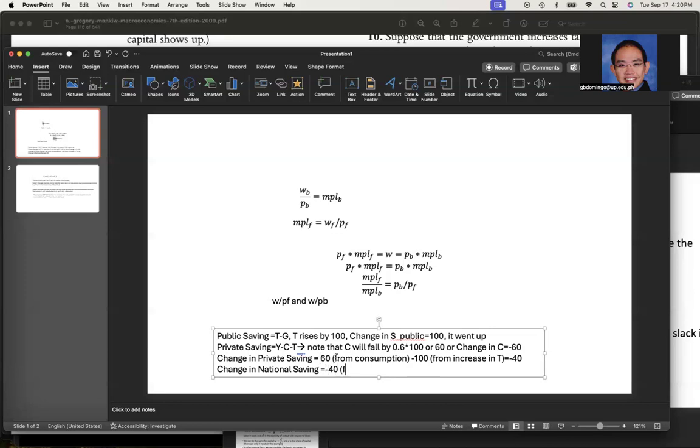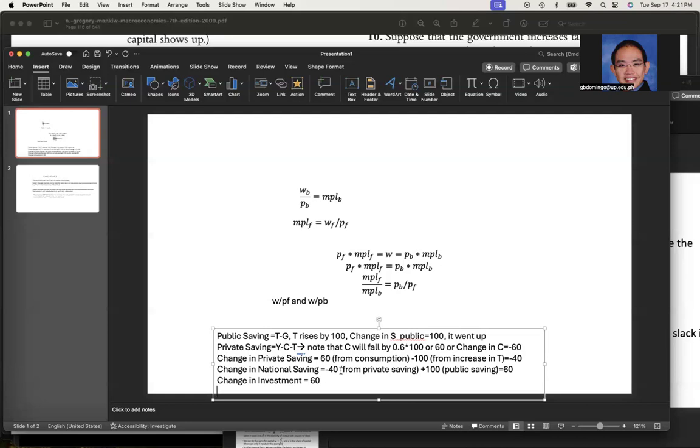That's from private saving. And then it's going to be plus 100 from public saving, which happens to equal 60, because 100 minus 40 is equal to 60. And therefore, the change in investment must also be equal to 60.